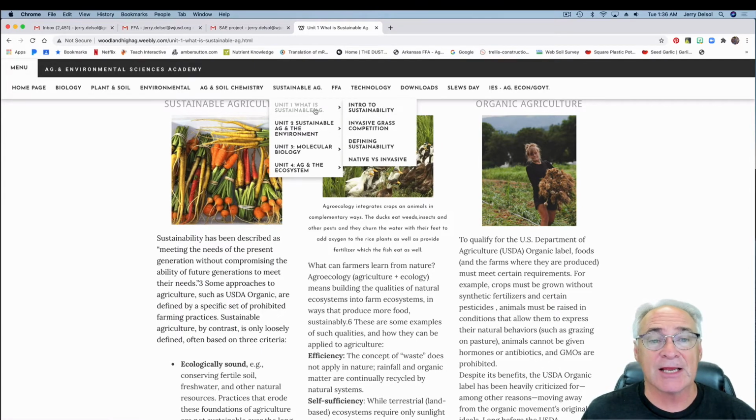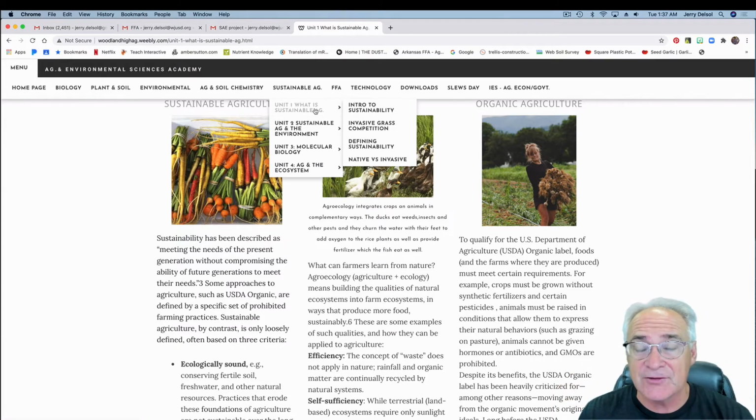Some of the lessons, for instance, in sustainability and what it is: first of all, we introduce how we as people in agriculture treat sustainability, how we define it, and what the pillars of it are. Then we look at how in California our agriculture always seems to be under attack with invasive species.